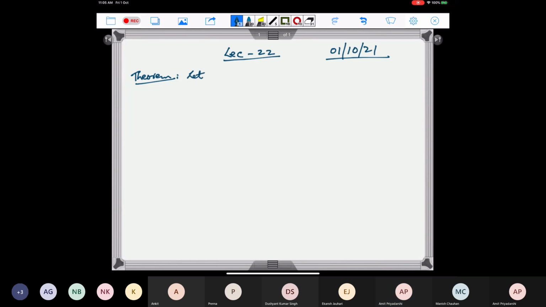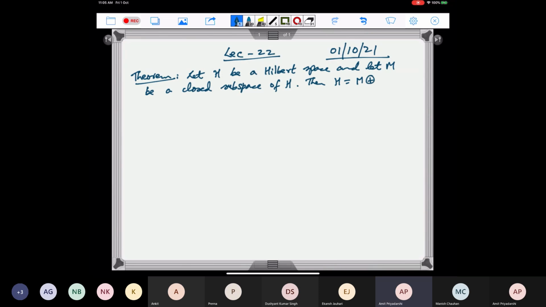Let H be a Hilbert space, and let M be a closed subspace of H. Then H is the direct sum of M and M perp.